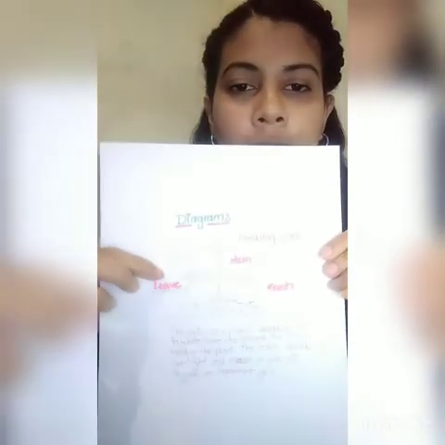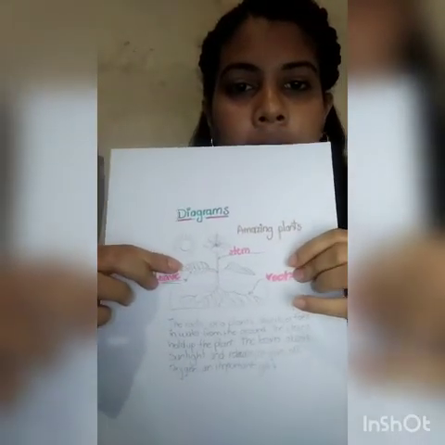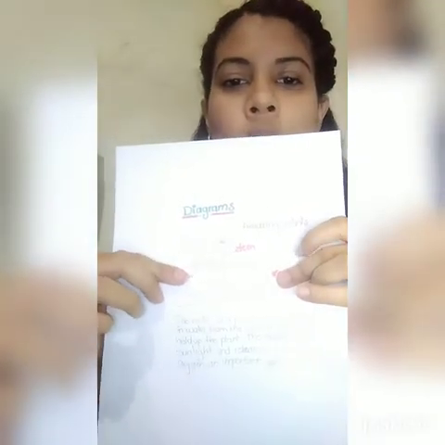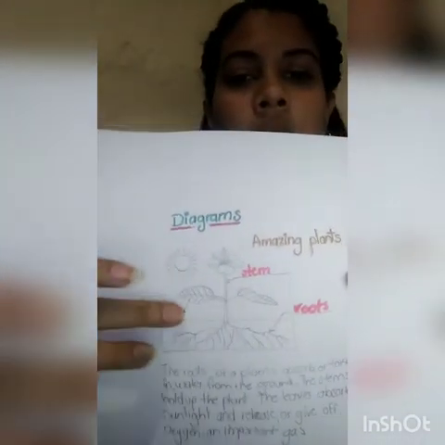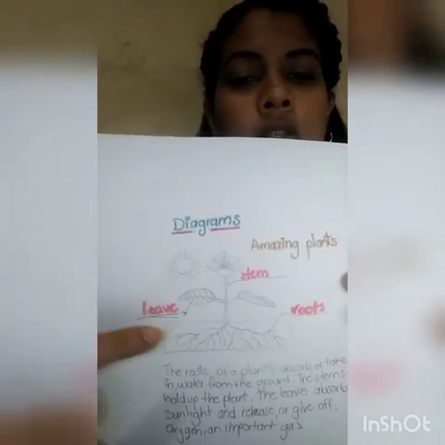As an example, here the students finished the worksheet, but it is the same picture, and the teacher is going to delete those parts, and then the students are going to put in order those parts of the plants.